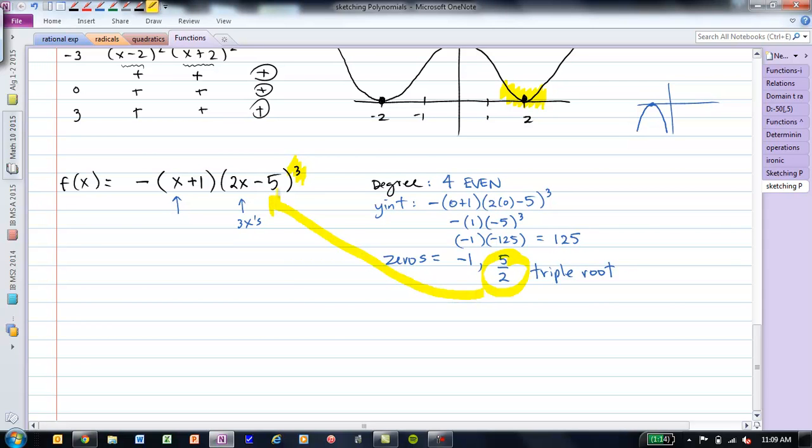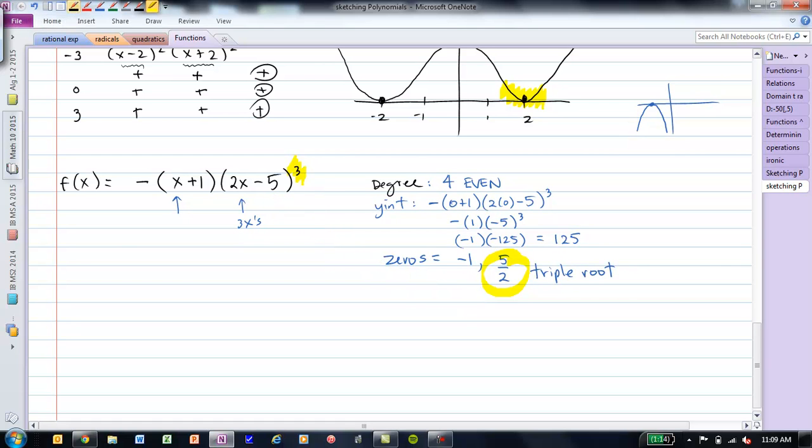Again, a single root just crosses the x-axis. A double root touches the x-axis and then goes back the way that it came. A triple root is going to cross the x-axis again, but it does it in sort of a weird way. So we'll demonstrate that in a minute.